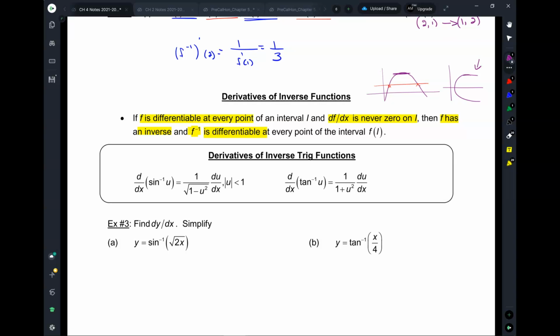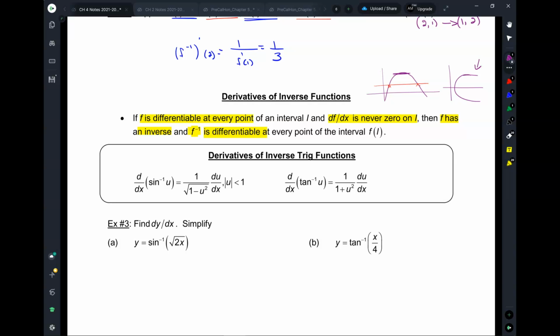If the function looks like this, then the inverse will not be a function. It failed the horizontal line test, which means the inverse fails the vertical line test. It's like a parabola: it's not a function, positive and negative square root.